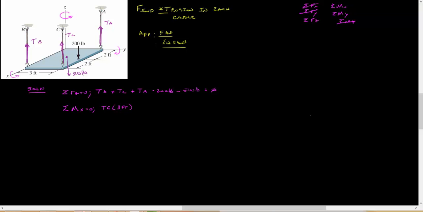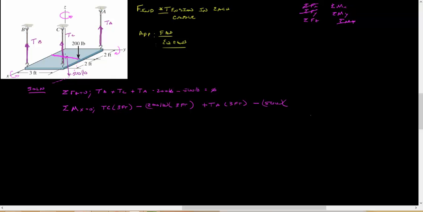TC times 3 feet minus 200 pounds times 3 feet. Since this distance again is 3 feet, it stays the same, but it is rotating clockwise. So it is a negative 3 feet times 200 pounds. And then I have plus TA times 3 feet.